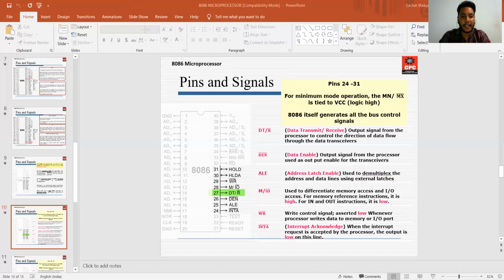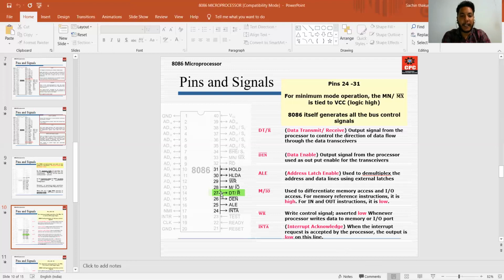This output signal indicates the availability of a valid address on the address or data bus, and is connected to the latch enable input of latches. So this is the function of the ALE pin.